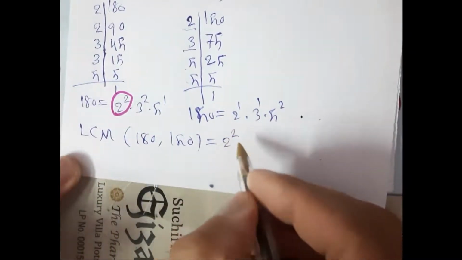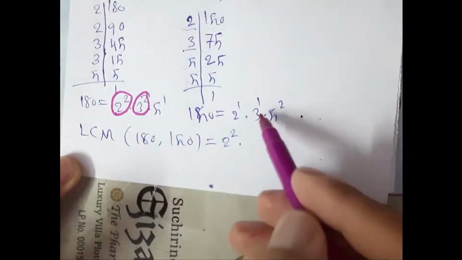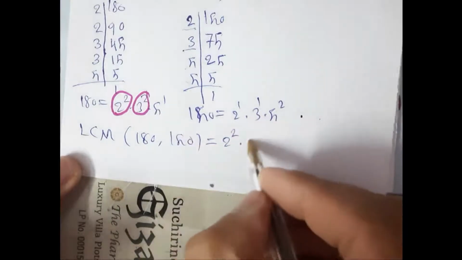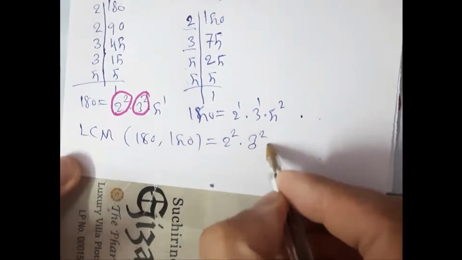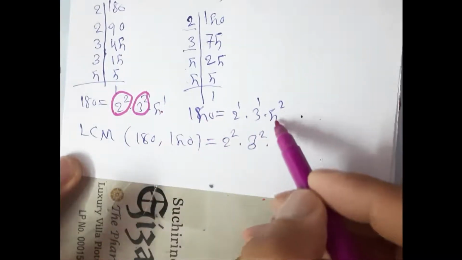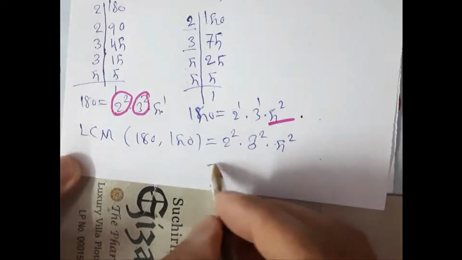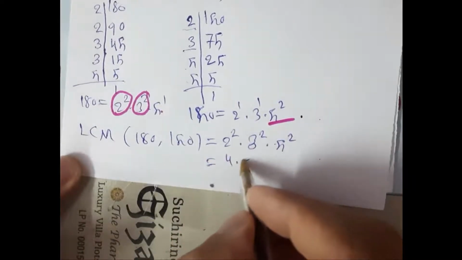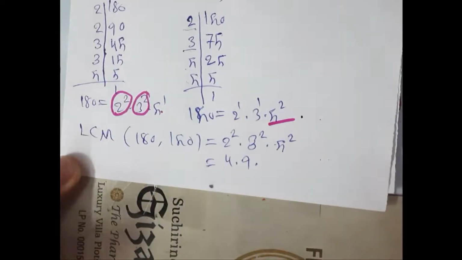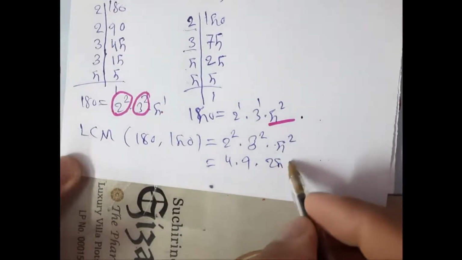So 2 power 2 into 3 power 2, into, here we have 5 power 1 and here 5 to power 2. 5 to power 2, it is equal to 4 into 9. 5 square is equal to 25.